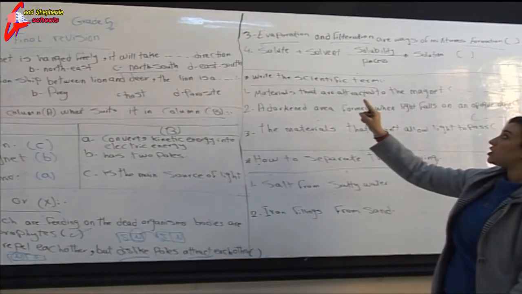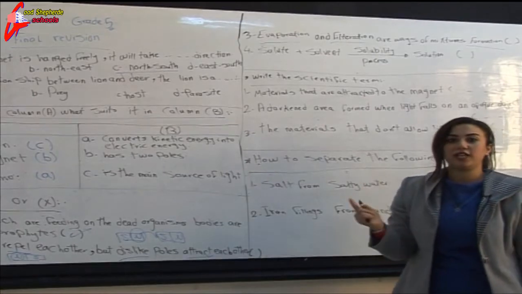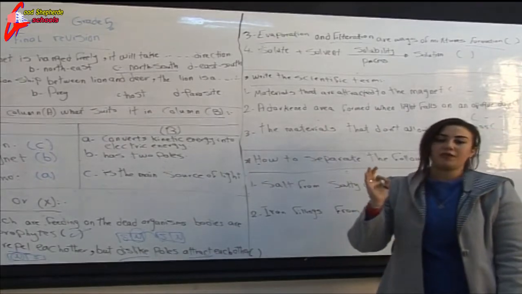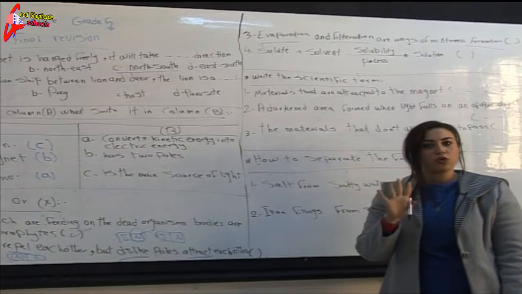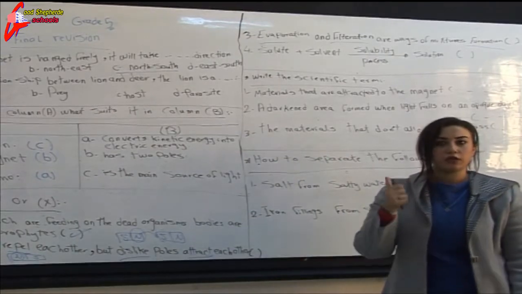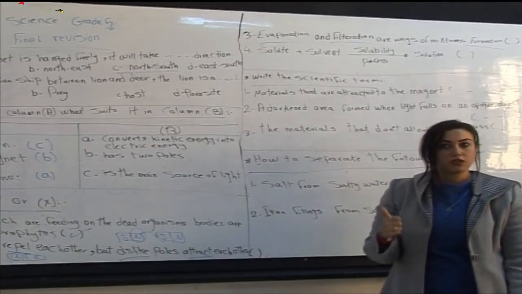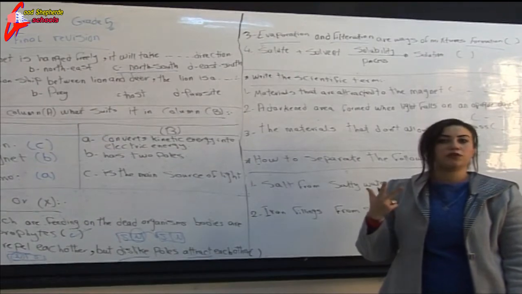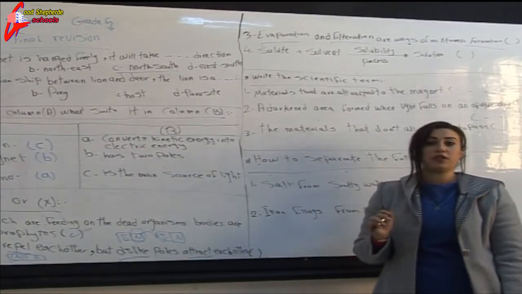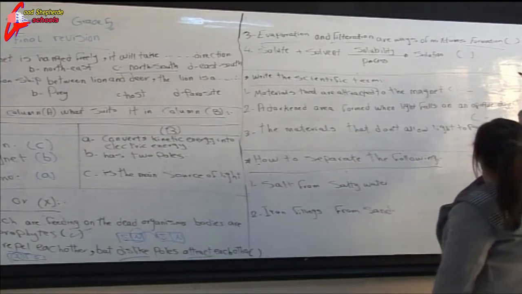But evaporation and filtration are considered separation of mixture. We have 4 ways of separation of mixture: number 1, magnetic attraction; number 2, evaporation; number 3, filtration; and the last one, separating funnel. So the answer is wrong.